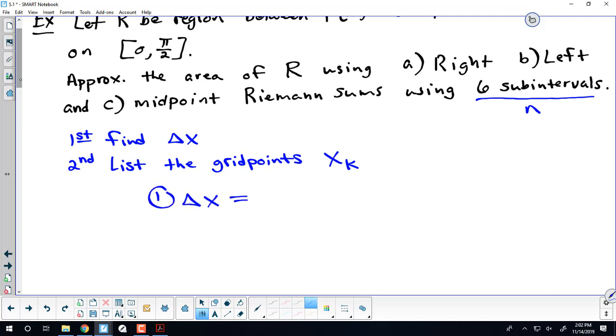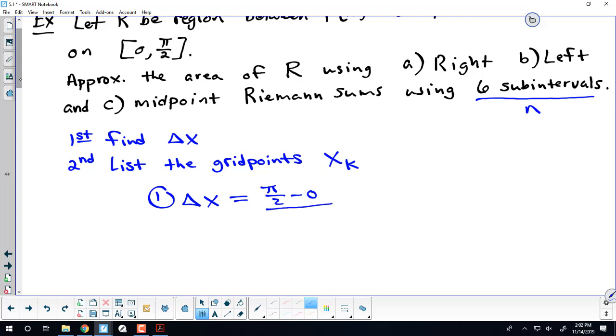So what would our delta x be here? It's pi over 12. Remember, delta x is the length of the interval, so that's pi over 2 minus 0 divided by the number of subintervals.